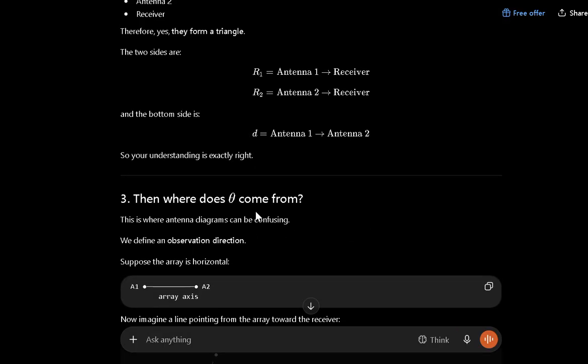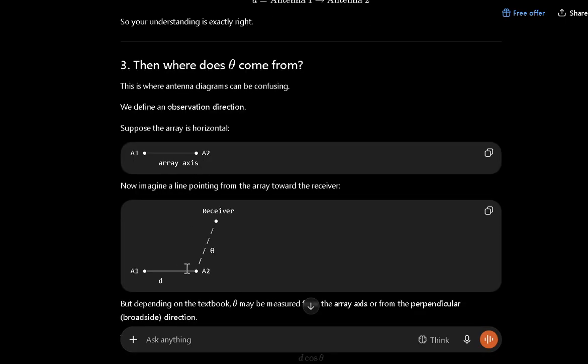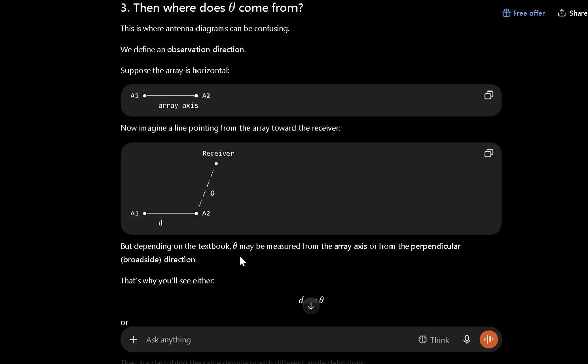Then where does theta come from? This is where antenna diagrams can be confusing. We define an observation direction. Suppose the array is horizontal, with an array axis. Now imagine a line pointing from the array toward the receiver. Depending on the problem, theta may be measured from the array axis or from the perpendicular broadside.